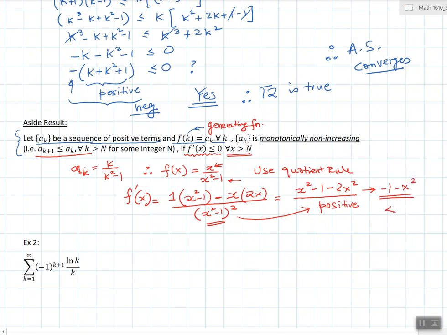Now this is obviously always less than or equal to 0, negative 1 minus a square quantity is always going to be negative. So using this result, we have shown that a_(k+1) is less than or equal to a_k. So test 2 can be done in a much faster and easier manner using this result.